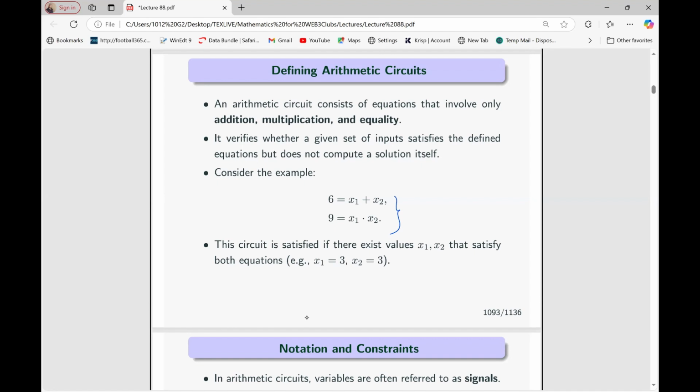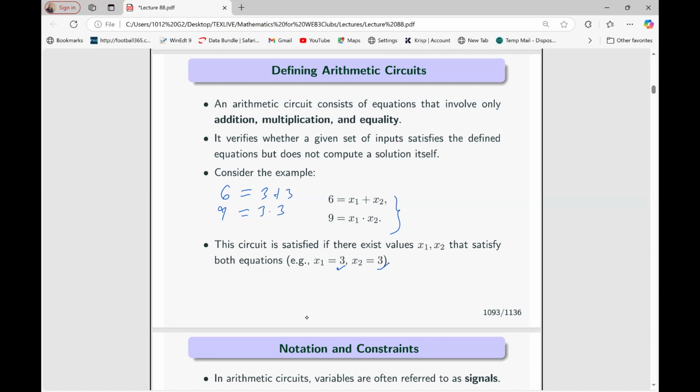Now, I've said that x1 could be 3 and x2 could be 3, and we just test and see whether the proposed values satisfy this equation. Like the first one, it's true that 6 will be equal to 3 plus 3, and at the same time equal to 3 times 3.